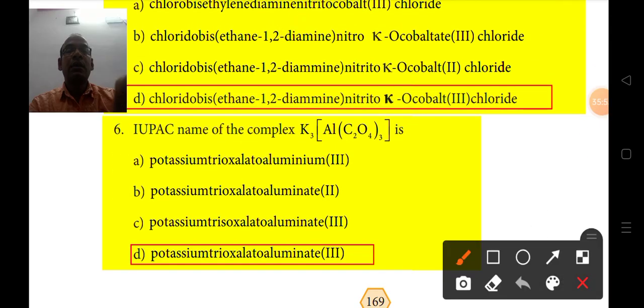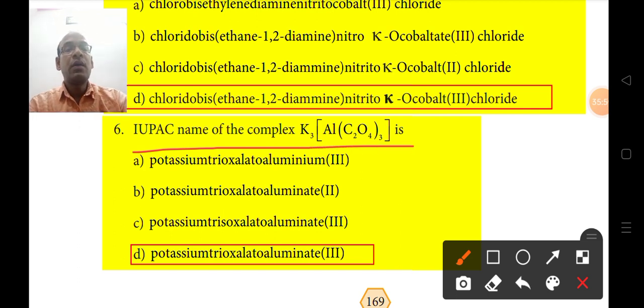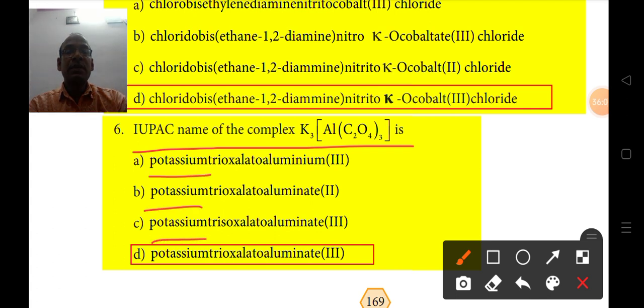IUPAC name of the complex. In this case, first the simple ion potassium, and then complex ion naming. In this case, trioxalato.